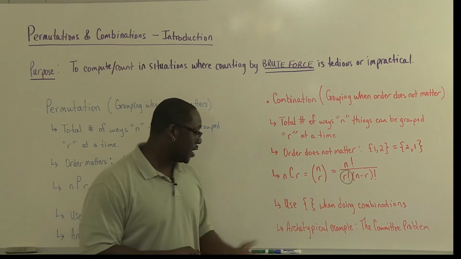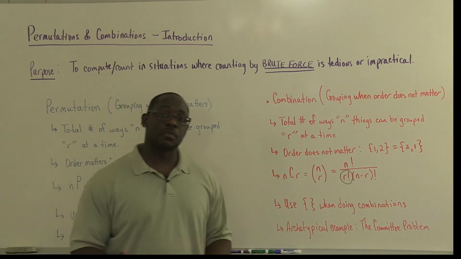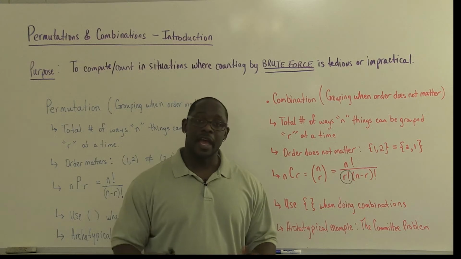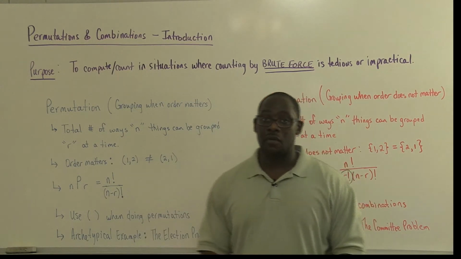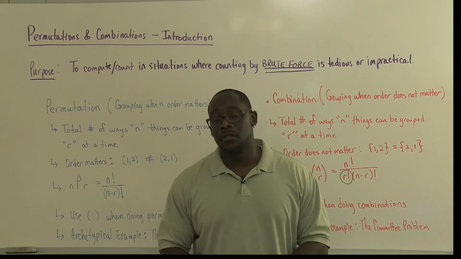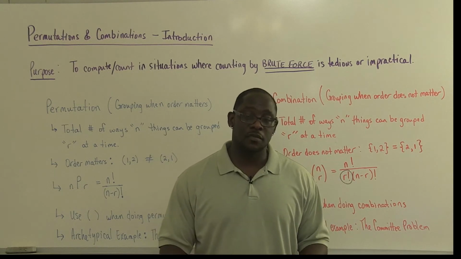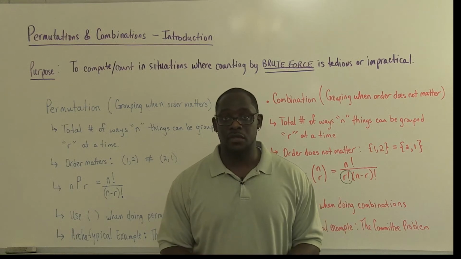And lastly, the archetypical example of that would be the committee problem. And so a committee problem will look something like this. We have 5 people in the group, just like when we did the permutations, but now we want them to be on an advisory board committee, okay? So if you know anything about committees, you know that each person that's on a committee pretty much has equal weight as far as voting rights and power and such.